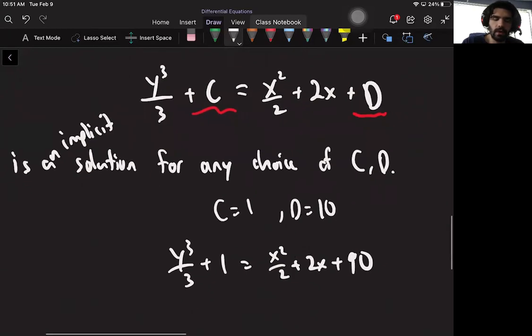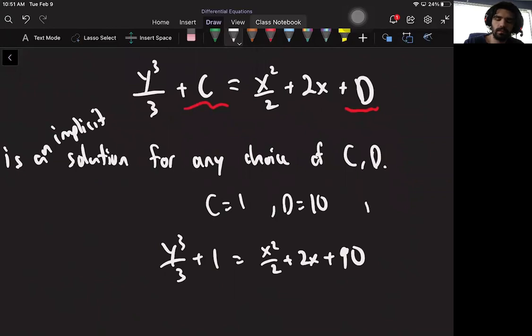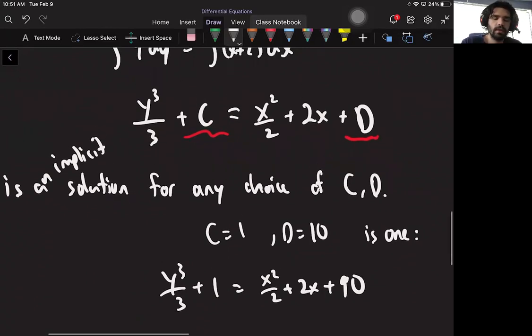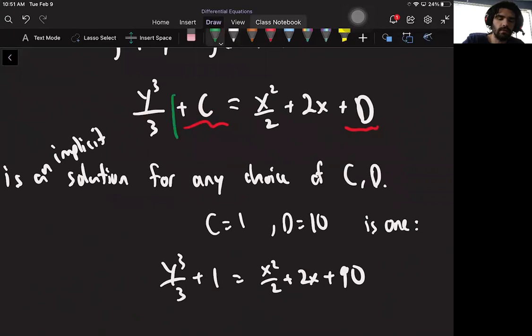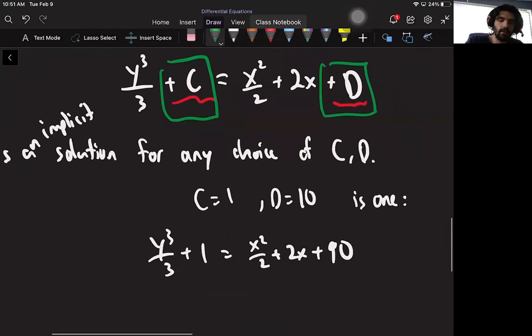So that's one solution. And that hints at something that we're going to do a lot here, which is it's actually very unnecessary to write 2 different constants. I can just think of them as one constant, and we can see exactly why.